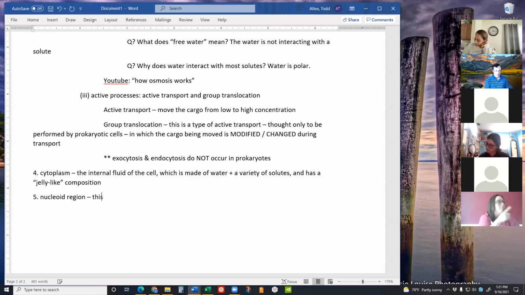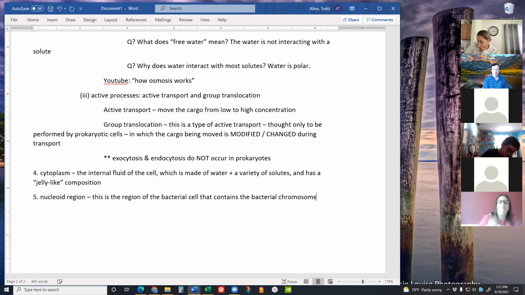This is the region of the bacterial cell that contains the bacterial chromosome. Okay, the nucleoid region is not a nucleus. It is not a nucleus because there's no membrane there. There's no membrane around the chromosome.